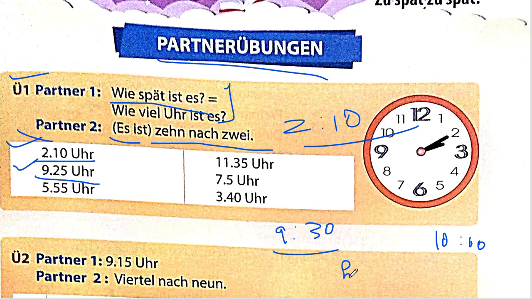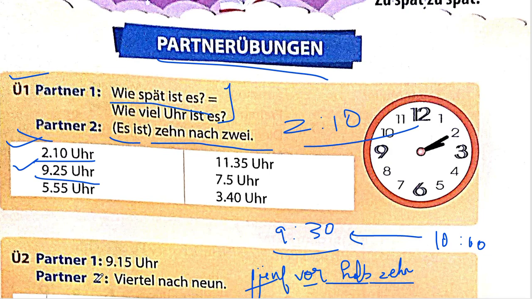So first of all, in the second part, you just write halb 10, which means half of 10, which is 9:30. Now you need 5 minutes before this. So you write 5. And we know nach is for after and vor is for before. So since we need before, we'll write vor. So 5 vor halb 10. That means 5 minutes before half of 10, which is 9:30 minus 5 minutes, which is 9:25.